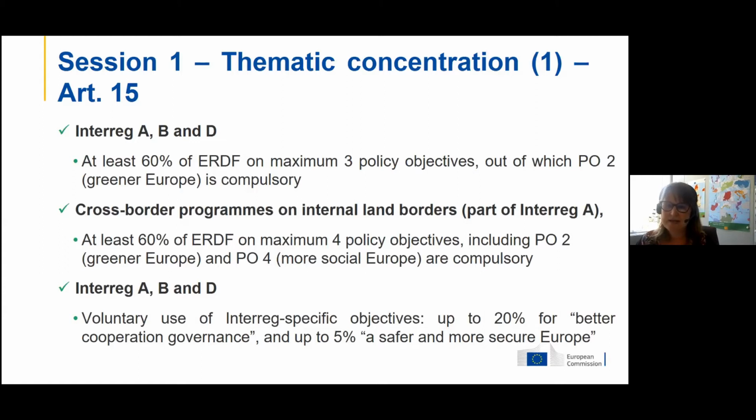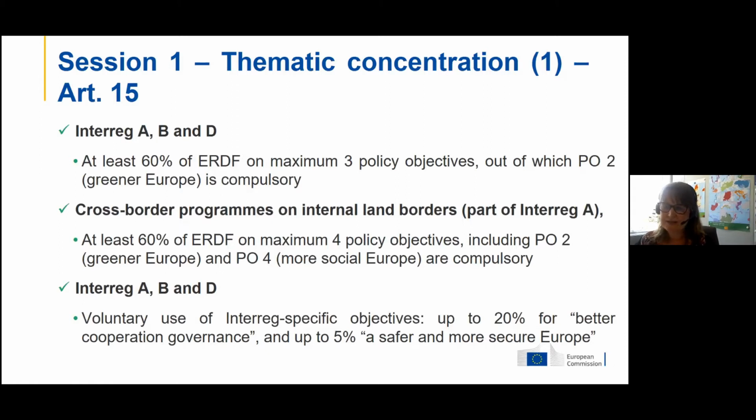So basically for Interreg A, B, and C, so the cross-border programs, the transnational and the outermost programs, there is a requirement to concentrate at least 60% of the ERDF and also the external EU instruments funding to a maximum of 3 policy objectives, out of which the policy objective 2, so the objective for greener Europe and climate change, is compulsory.